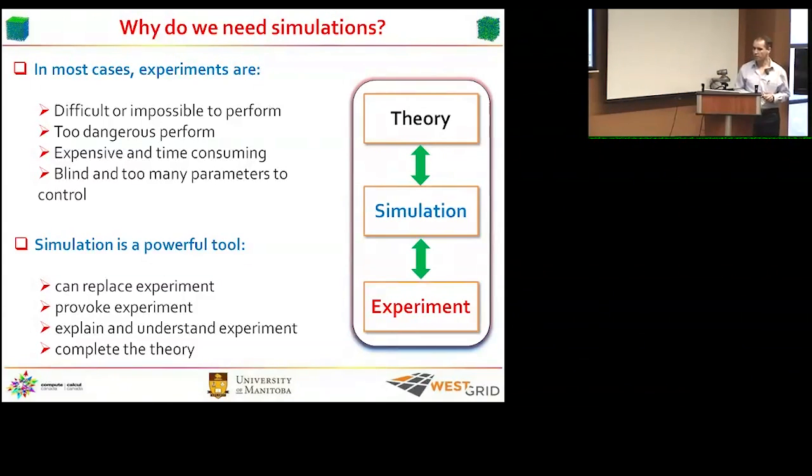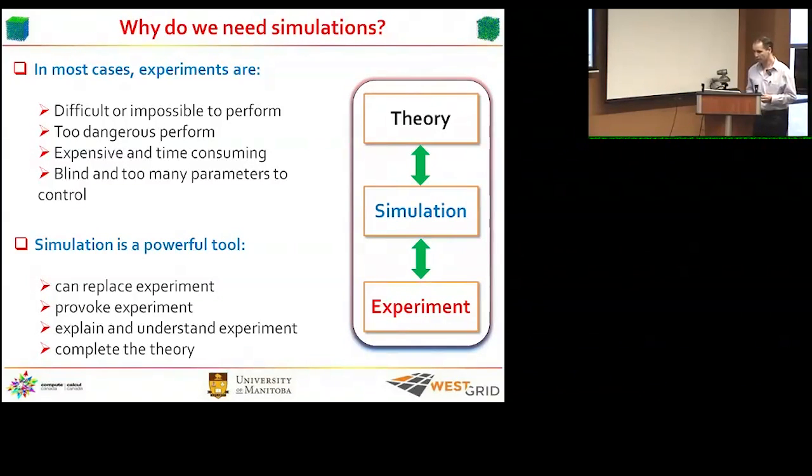Experiments are also expensive and time-consuming. To perform an experiment, you need to have many steps, prepare the samples, analyze, sometimes use the neutron diffraction and so on. So it's very expensive. And with experiments, sometimes it's blind and there are too many parameters we cannot control. When you do experiment, you don't have control of all parameters.